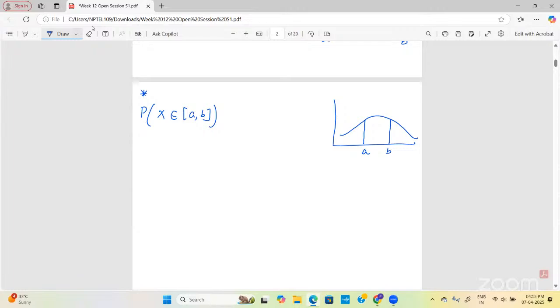So how can I write it? May I write it like this, that x is between A and B? Right?